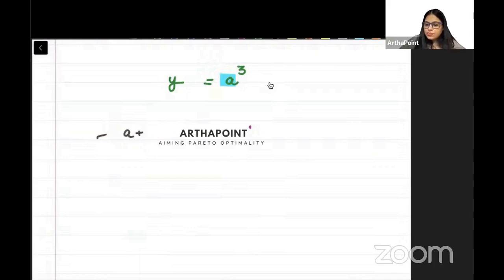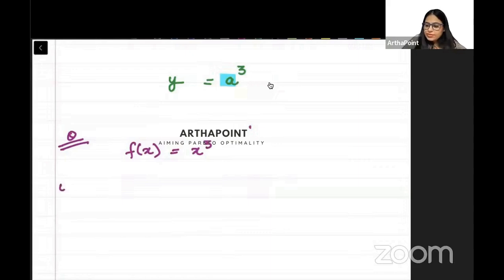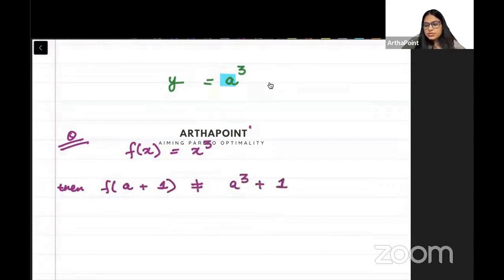Look carefully, suppose my function is x cube. Then, beta, f of a plus 1 is not equal to a cube plus 1. Understand carefully: f of a plus 1 is not a cube plus 1. They are two different things.